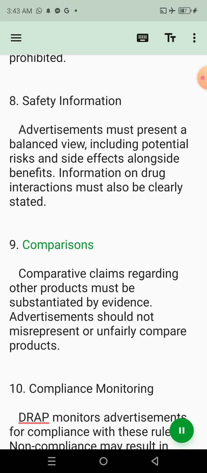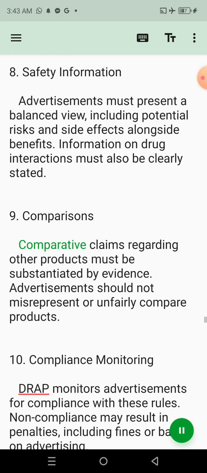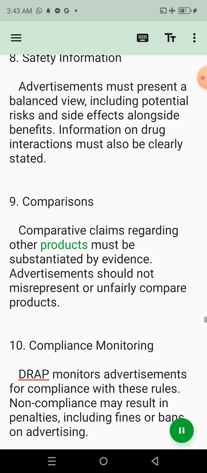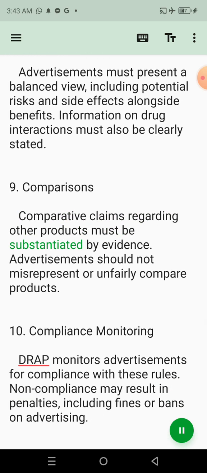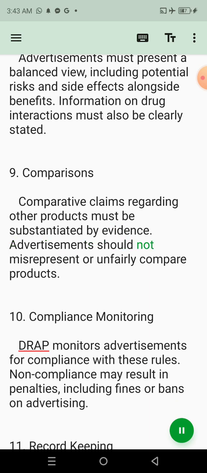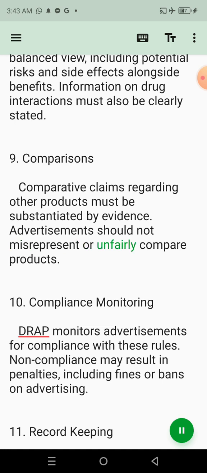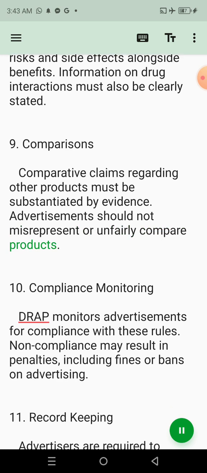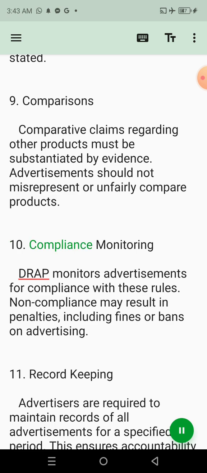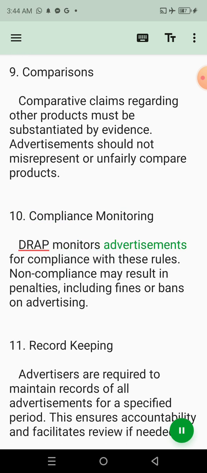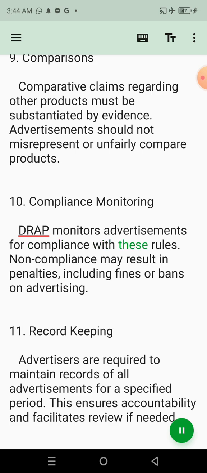9. Comparisons. Comparative claims regarding other products must be substantiated by evidence. Advertisements should not misrepresent or unfairly compare products. 10. Compliance monitoring. DRAP monitors advertisements for compliance with these rules.